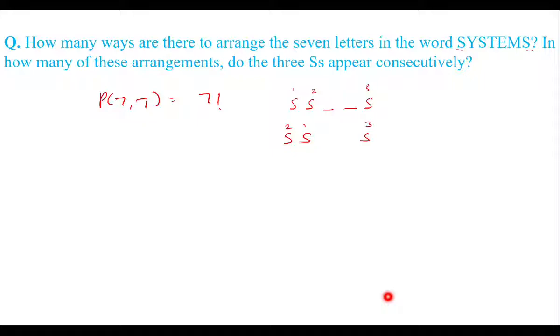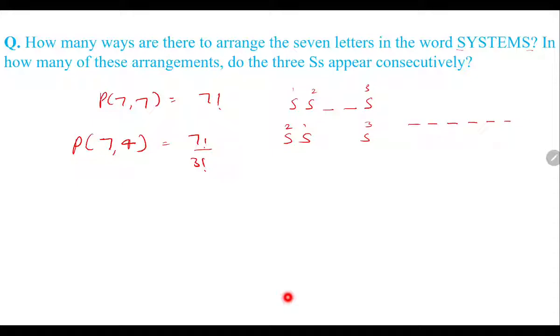So the approach could be: I must arrange the 4 distinct letters, and then the remaining positions would be filled by S. It means I must arrange only 4 out of 7 positions, and the remaining would be filled by S. It can be seen in this way also.